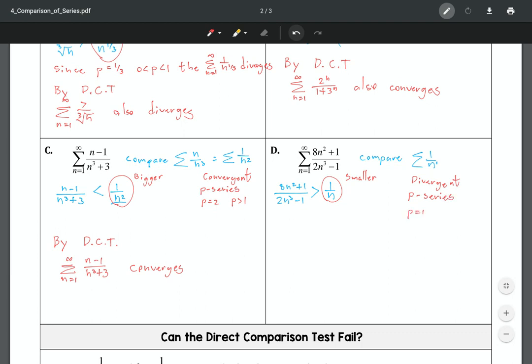P is equal to 1. Okay. Now, because I know that by the direct comparison test, this right here also diverges.